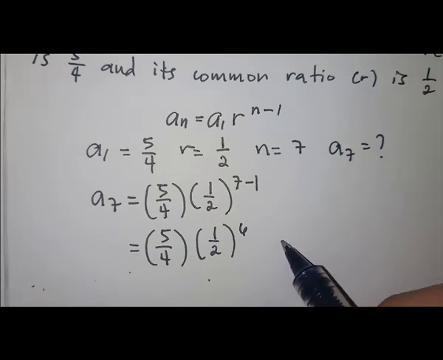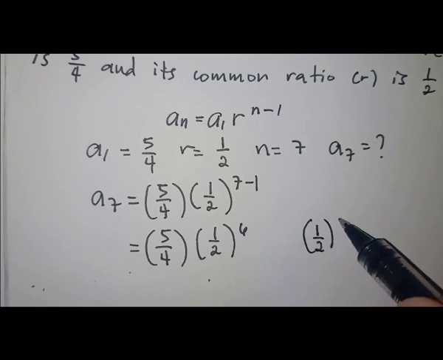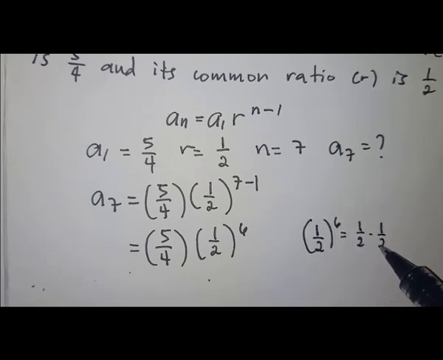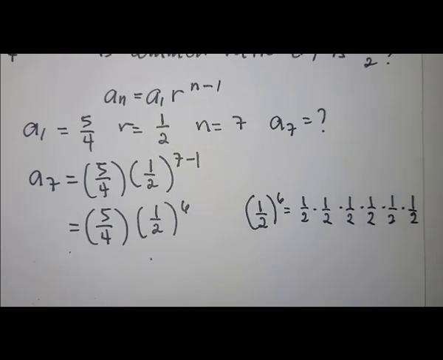Or pwede nating sabihin na yung 1/2 raised to 6 is equal to 1/2 times 1/2 times 1/2, tatlo na yan, times 1/2, 4 times 1/2 times 1/2. Okay. So, meron tayong 6 daw na 1/2.